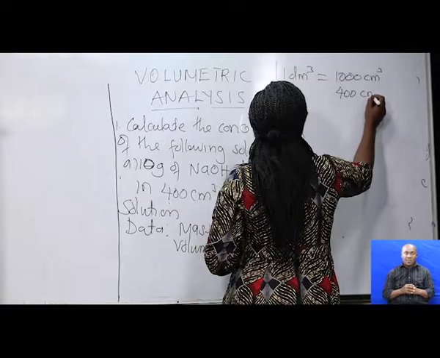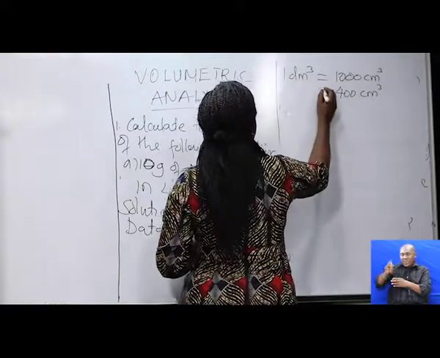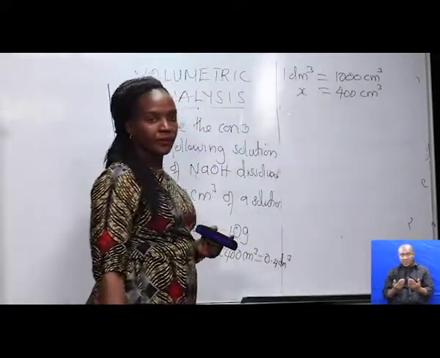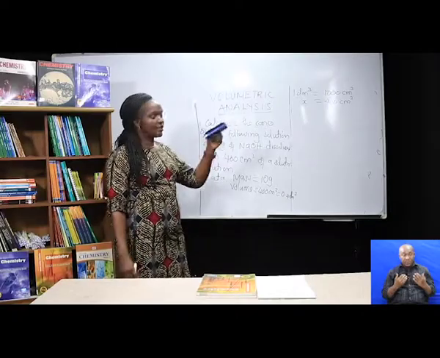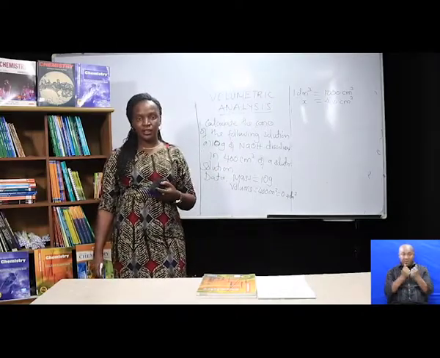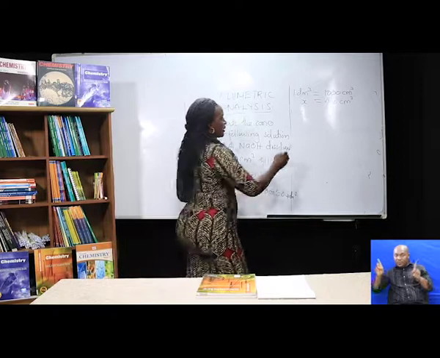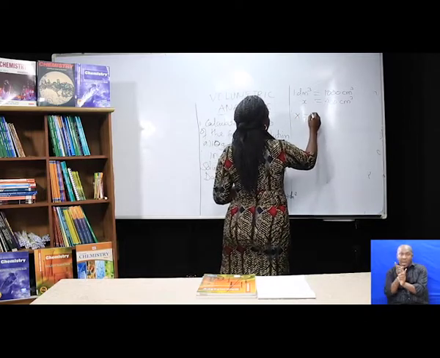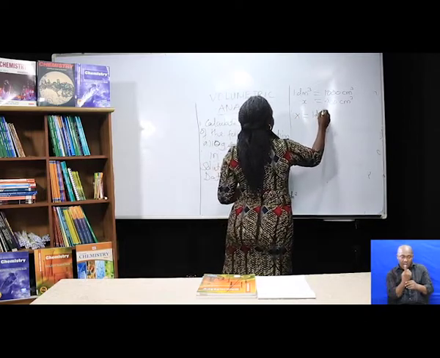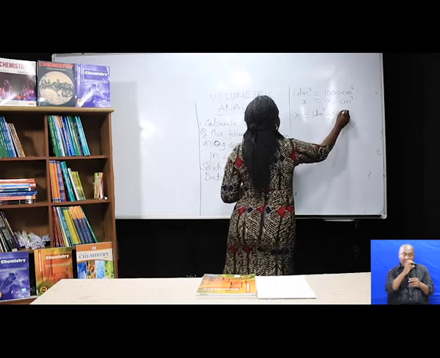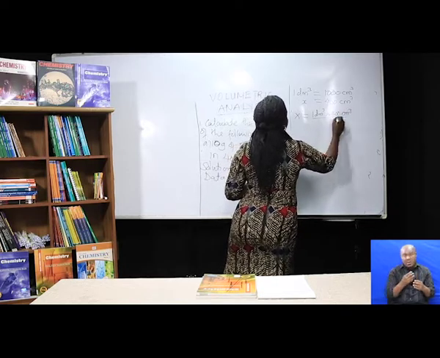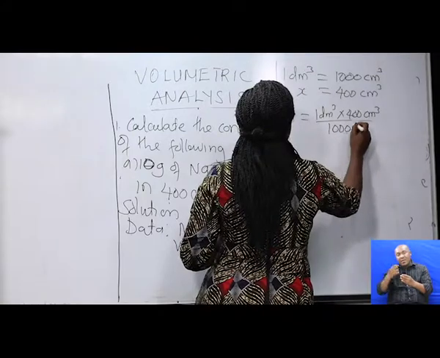Then what is this 400 centimeter cubic in decimeter cubic? In mathematics, you are supposed to do cross multiplication. If you cross multiply, then x will be equal to 1 decimeter cubic times 400 centimeter cubic divided by 1,000 centimeter cubic.